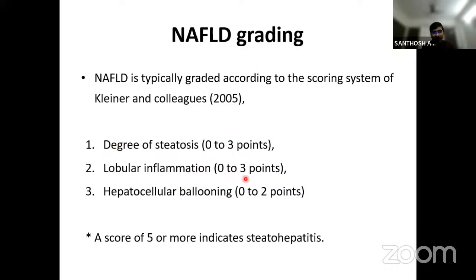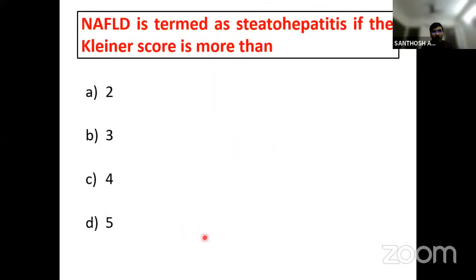Lobular inflammation, again 0 to 3 points. And hepatocellular ballooning, 0 to 2 points. So when we add, the least point is 0 and the maximum point is 7. Any score of 5 or more indicates steatohepatitis. So NAFLD is termed as steatohepatitis if the Kleiner score is 5 or more. Okay, so that we will take.